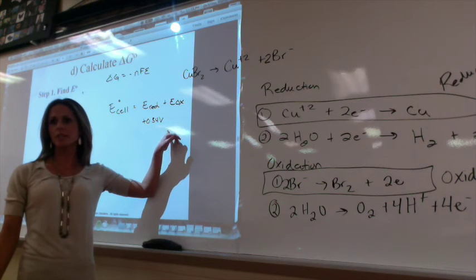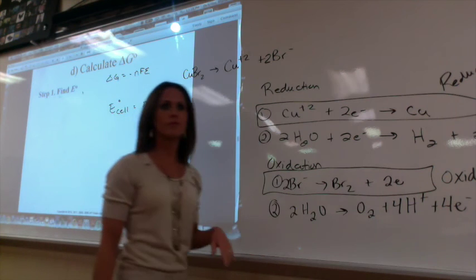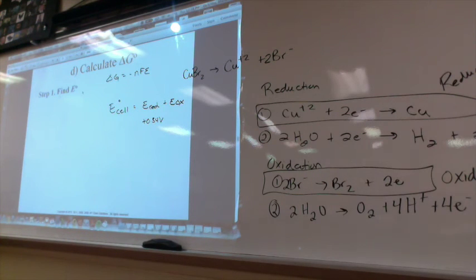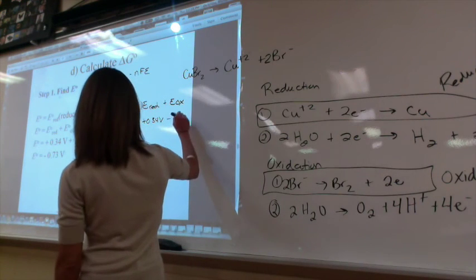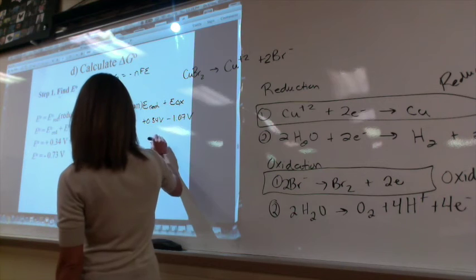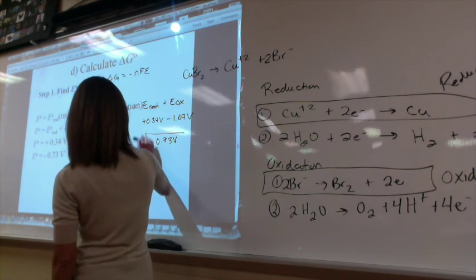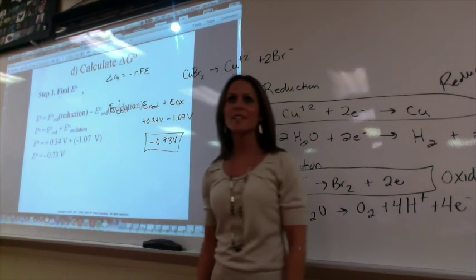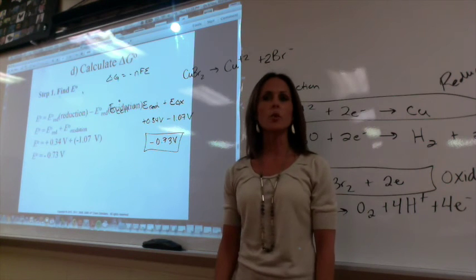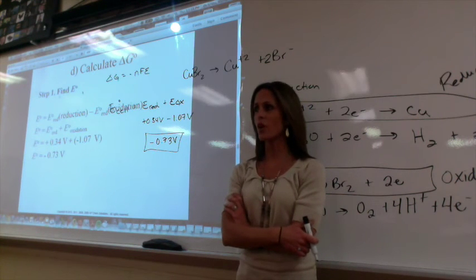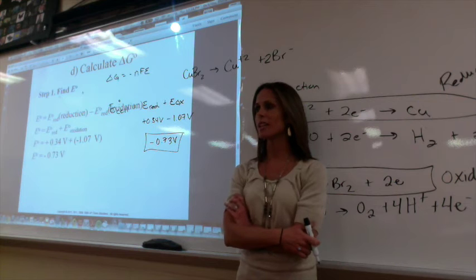Go back and look at it. 1.07, so then I have to do what? Flip it. So I have to get negative 1.07. So 0.34 minus 1.07 volts, and I get a negative 0.73 volts. Does that make sense? Yes, because it's an electrolytic cell. If you don't get a negative voltage, then you've done something wrong. What should delta G be?